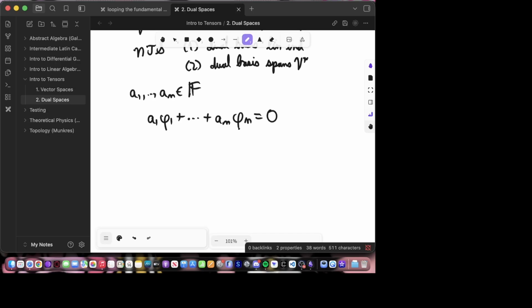Now, one can verify that if we take this functional and apply it to vk in the basis, all of this is going to cancel except ak vk of vk, which ends up being ak.